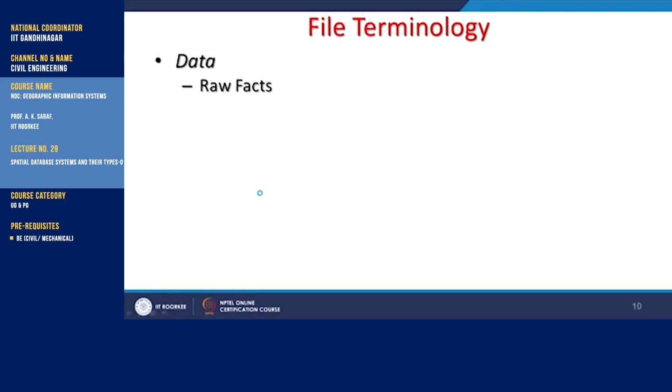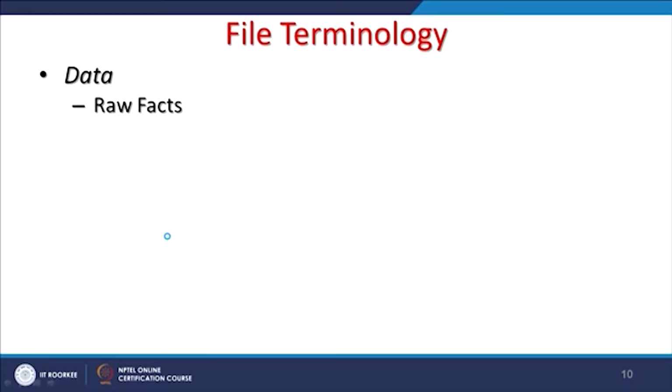Now this terminology which started with the file system still continues in our databases, so it is necessary to know it also. I have already mentioned raw data means raw facts, and a field or column in a spreadsheet kind of concept is a group of characters with specific meaning.